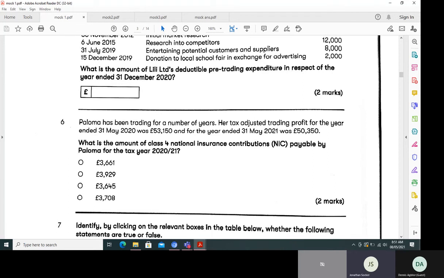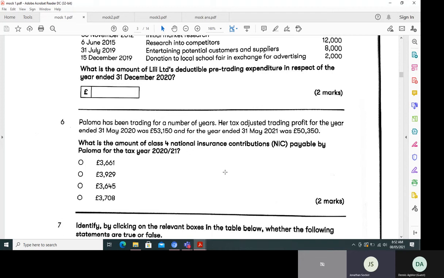You just look at the year end to determine the tax year in which the profit falls. Here, the tax adjusted trading profit for the year ended 31st May 2020 was 53,150, and for the year ended 31st May 2021 was 50,350. And we have to calculate Class 4 for the 2021 tax year.